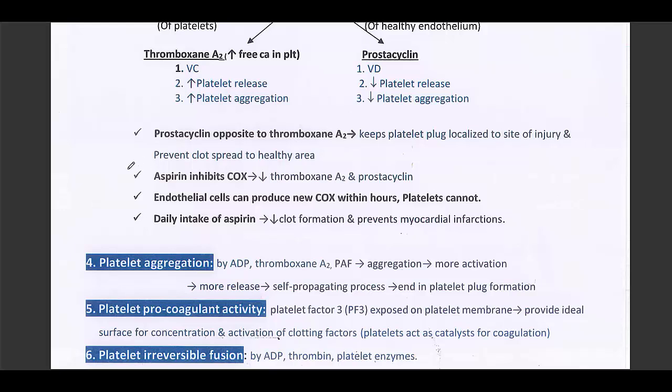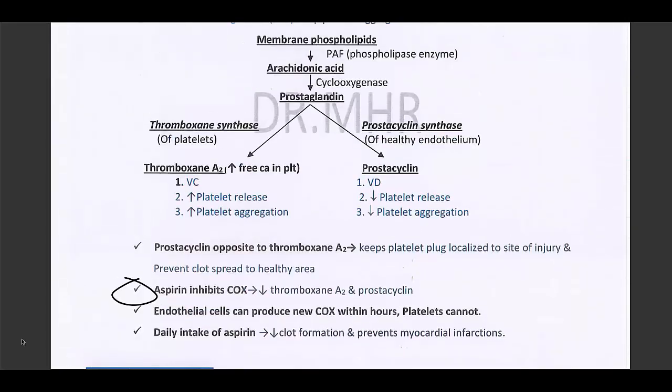Okay. A medicine or drug like aspirin inhibits COX formation. COX means cyclooxygenase. So it prevents thromboxane A2 and prevents prostacyclin. It prevents both of them.